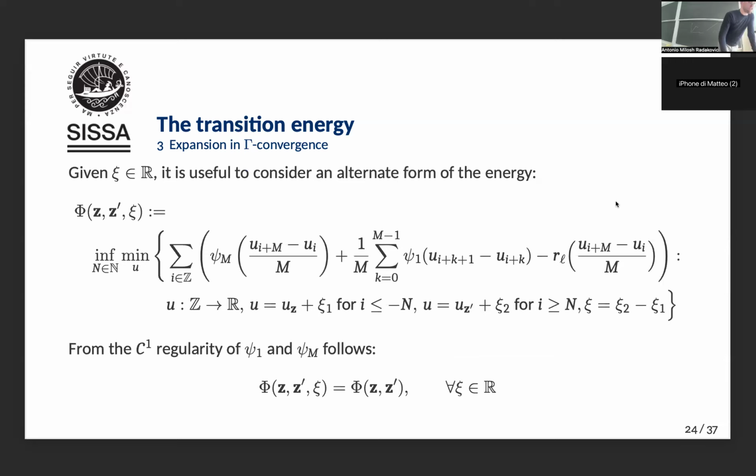For some technical reason, we need another definition in which we allow some vertical translation, but from the C1 regularity, this is not a problem. Those transition energies are actually the same for every vertical translation we want.